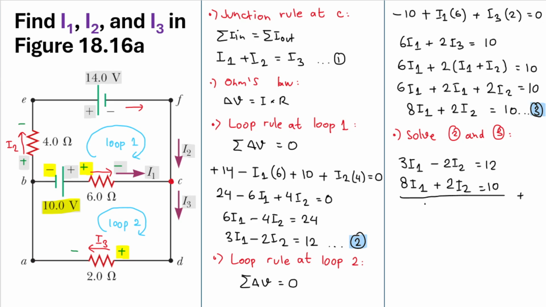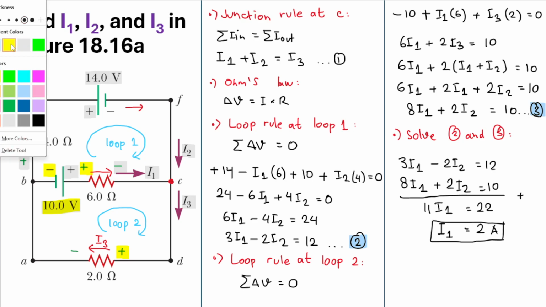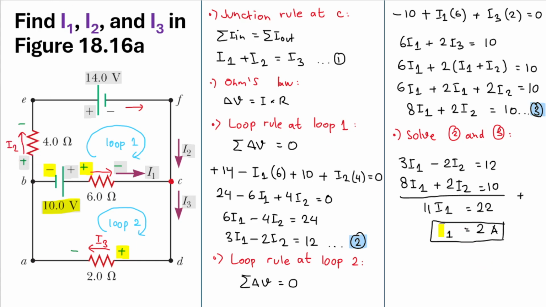So we will have 11I1, and that will have 22 in the right hand side. So I1 here is 22 divided by 11, which is 2 ampere, which is very good because this is one of the final values that we are looking for. I1 is 2 ampere. Okay, let's highlight that. So this is our I1.